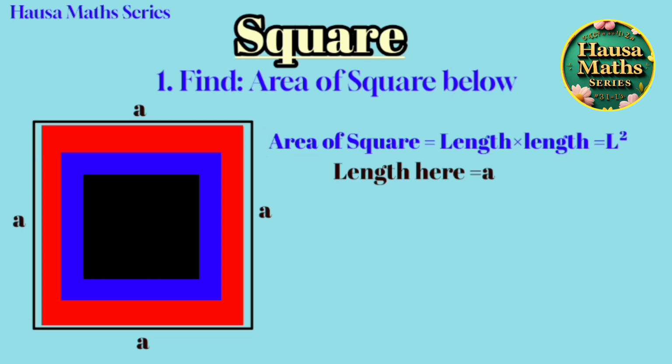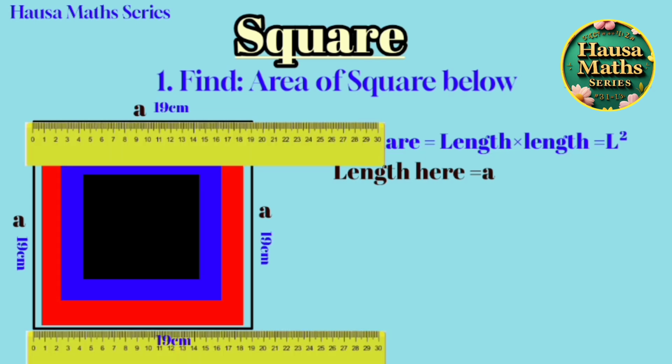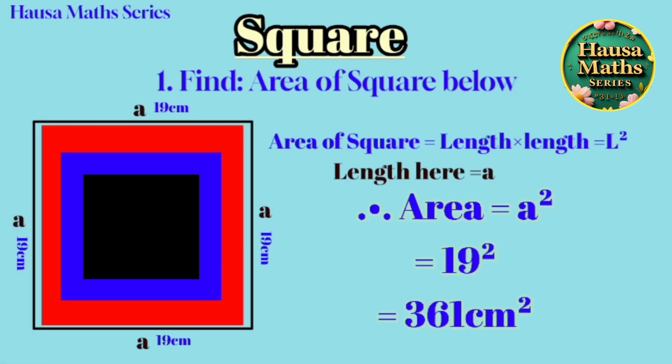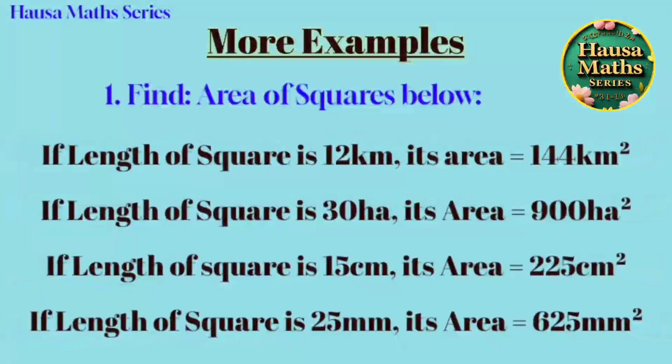If this side is 2, the other one is going to be 2. By measuring, the length of A is 19 centimeter, so the other sides are also 19 centimeter. Now the value of this area is A squared, which is 19 squared. So 19 squared is 361 centimeters squared. The unit of area is squared.